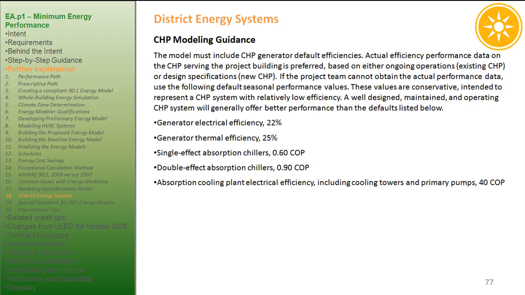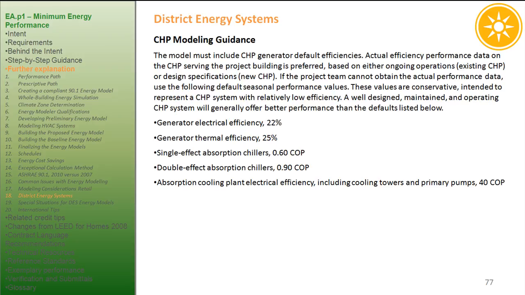If the project team cannot obtain the actual performance data, use the following default seasonal performance values. These values are conservative, intended to represent a CHP system with relatively low efficiency. A well-designed, maintained, and operating CHP system will generally offer better performance than the defaults listed below.